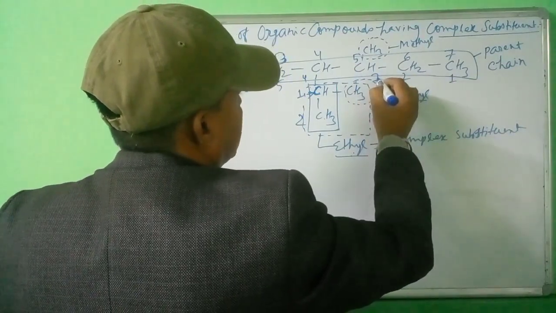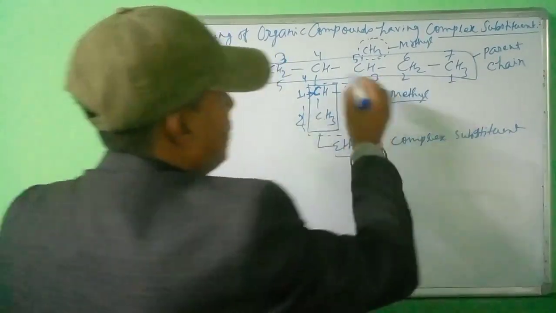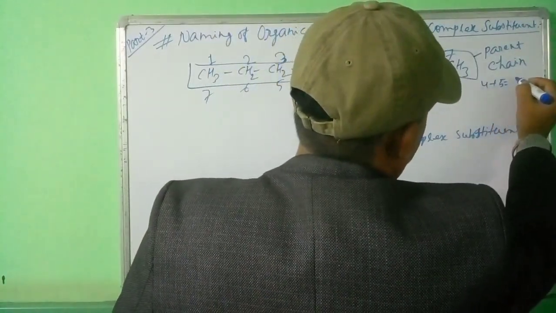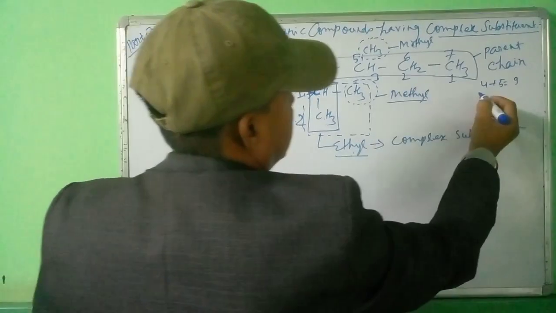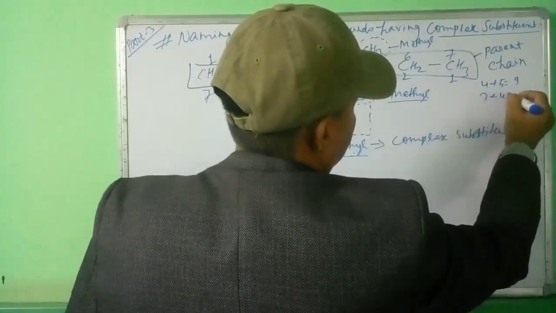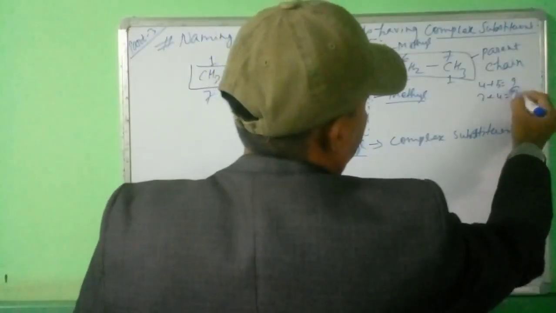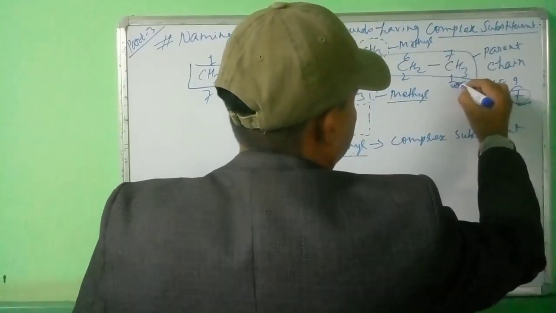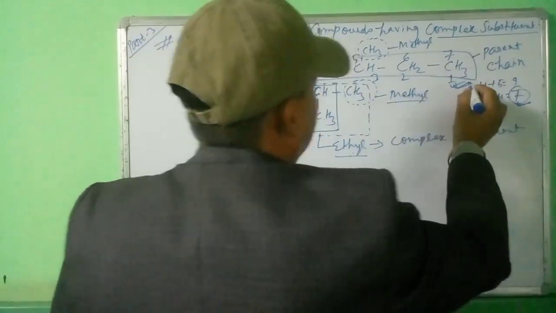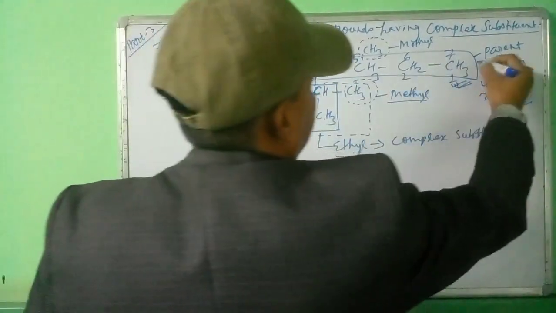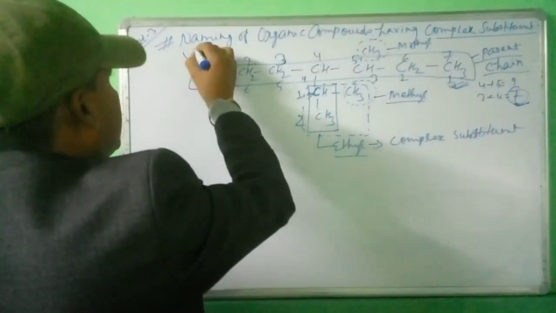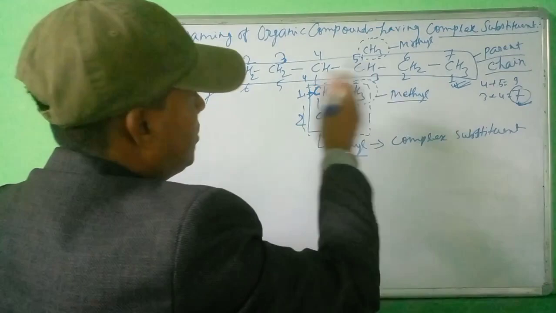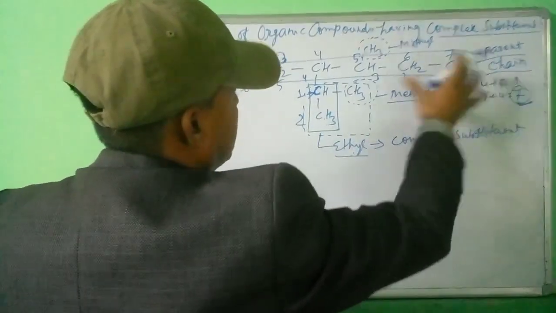Now we follow the lowest sum rule: left to right 4 plus 5 is 9, and right to left 3 plus 4 is 7. So 7 is the lowest sum and gets priority. Right to left is the correct numbering of the parent chain; left to right is the incorrect way. So numbering the parent chain is finished.